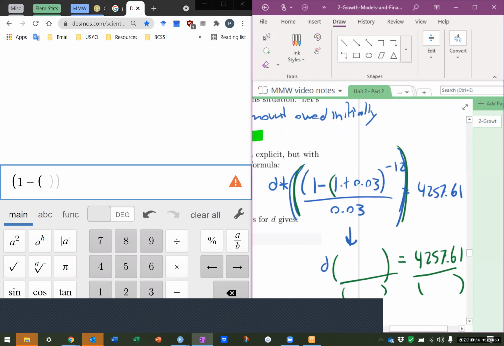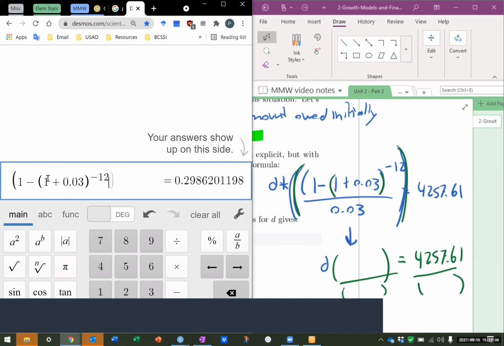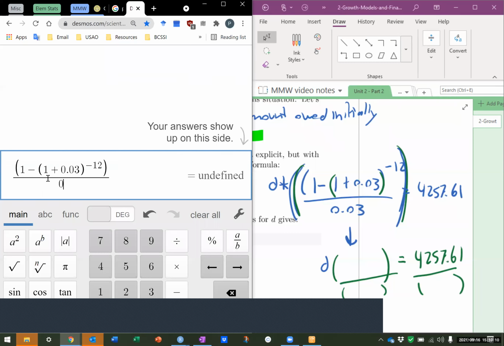There should be a parentheses on this number here. And if you forget one parentheses, it messes it all up. Okay, to the negative 12th divided by 0.03.